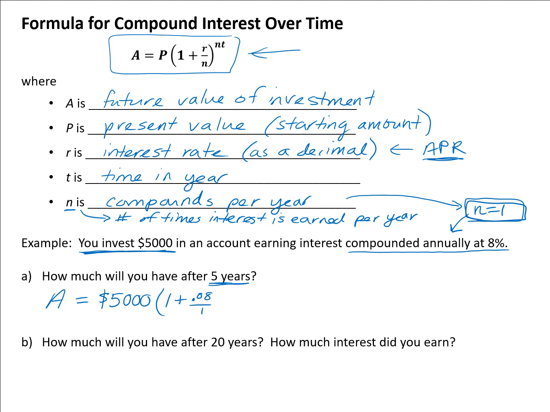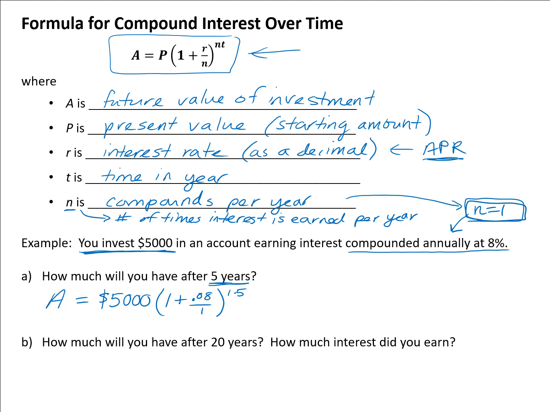We're going to earn interest once per year, raised to the power that is N times T, so 1 times 5.